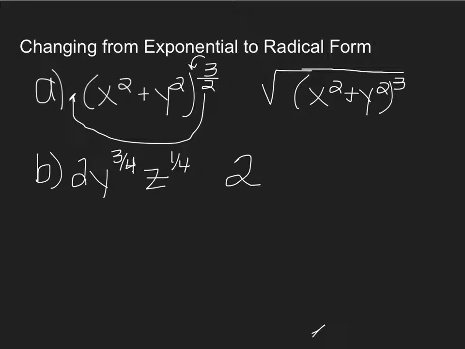Since the denominator of both of our exponential fractions is 4, we know that we are taking the 4th root. y is being cubed. z is to the first power. So we have 2 times the 4th root of y cubed z.